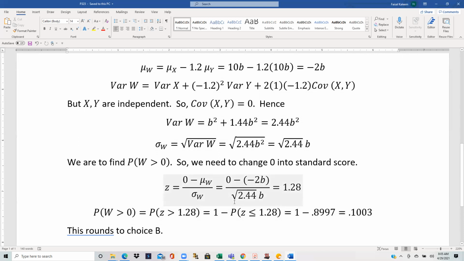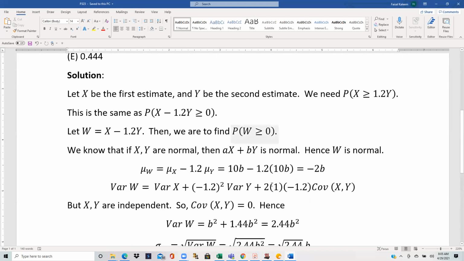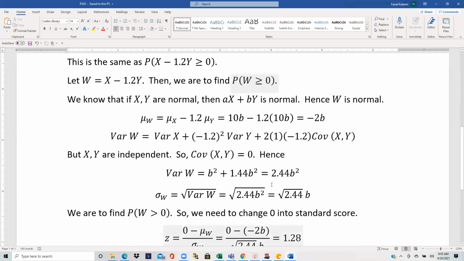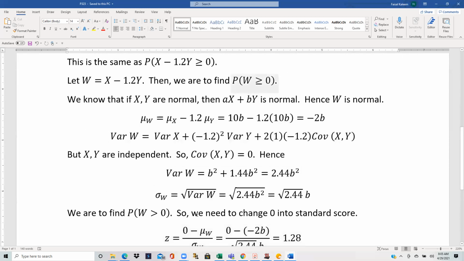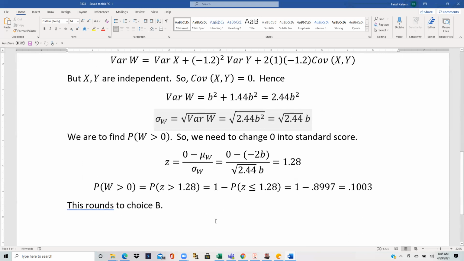We are to find probability W greater than 0, as we said before. Here we have greater than or equal to 0, but it doesn't matter. Greater than or greater than or equal to is the same thing when you're dealing with continuous variables. So we need to change this 0 into a standard score.